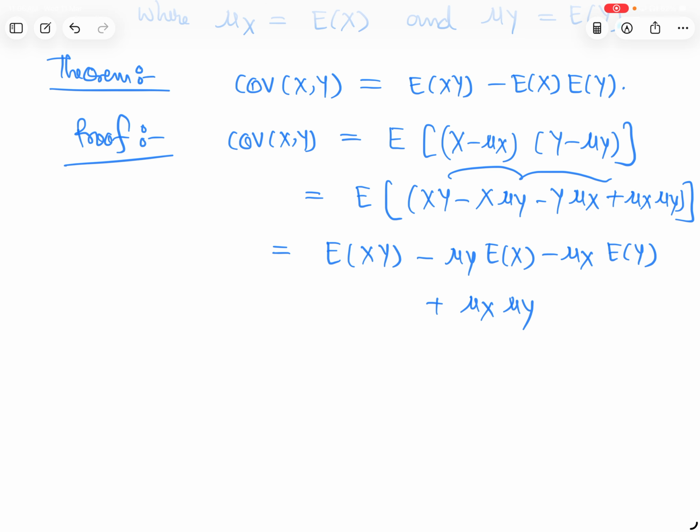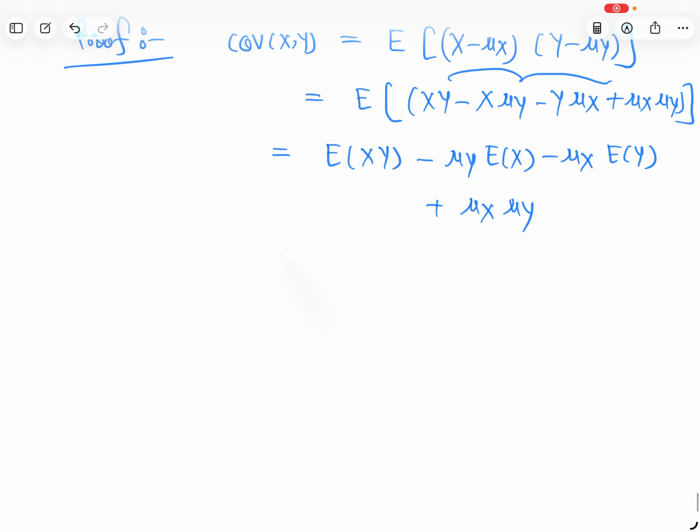Expectation of a constant is that constant itself. And expectation of c times x is c times Ex. So we are using these facts here. So now Ey minus mu y mu x, because Ex is mu x, so I am putting that value.